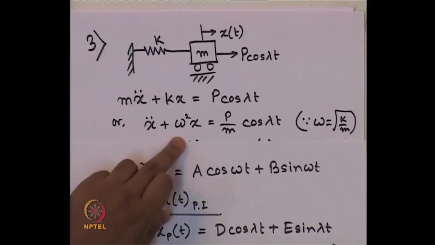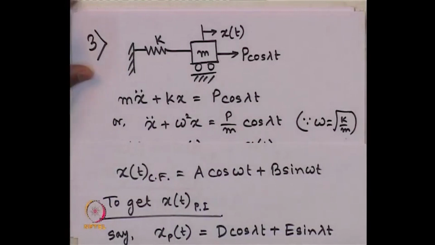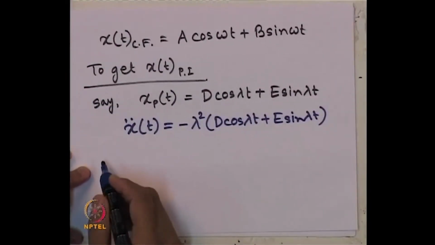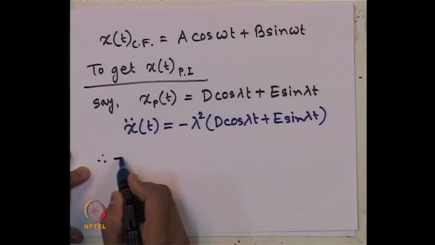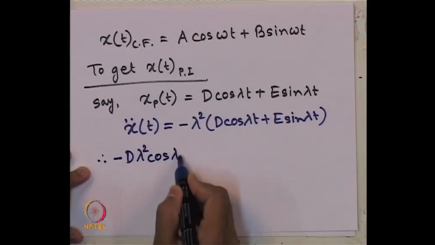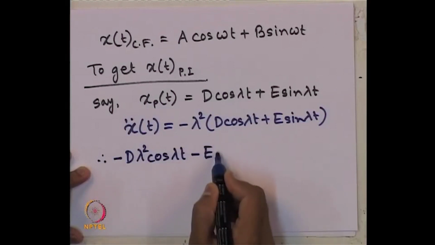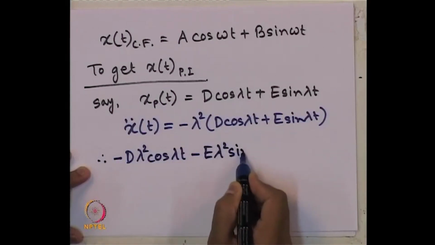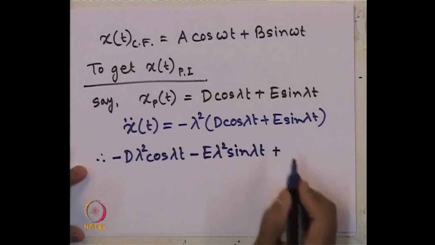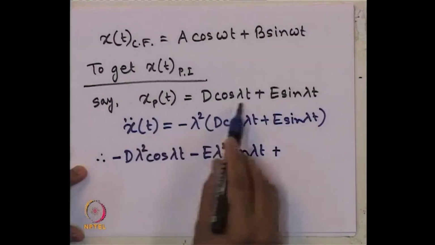If we put this in our basic equation, which is nothing but this one, that is x double dot plus omega square x equals p by m cos of lambda t. So, now we are putting this in that equation, we will get minus d lambda square cosine of lambda t minus e lambda square sine of lambda t, that is x double dot, plus omega square times x.